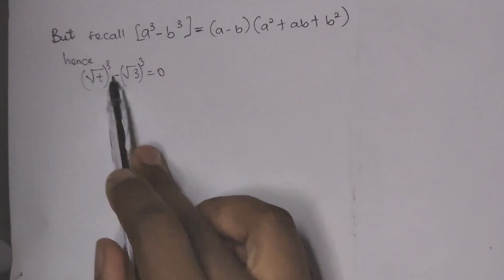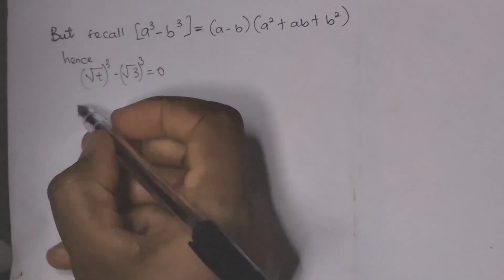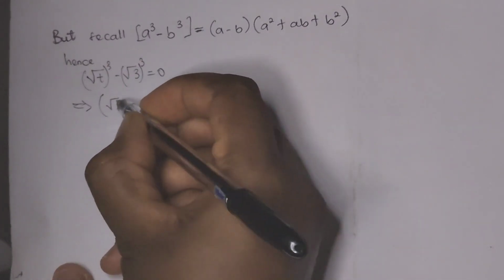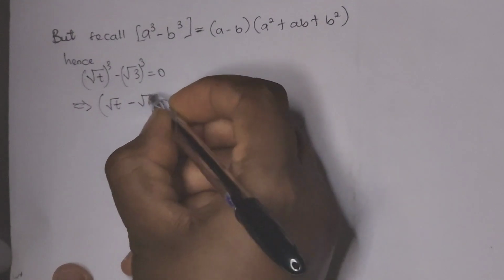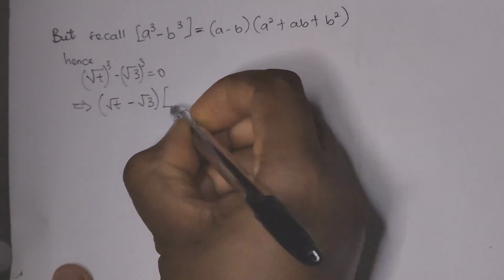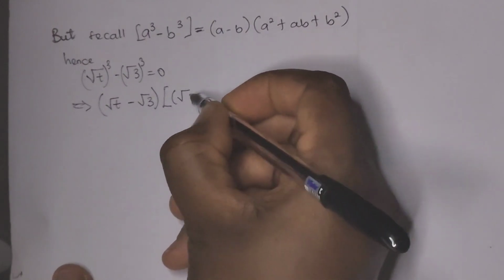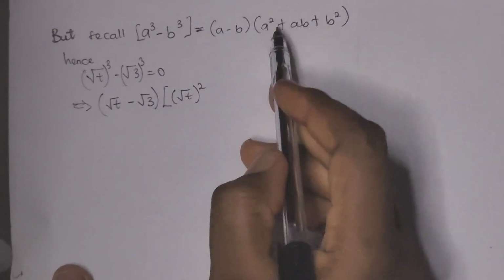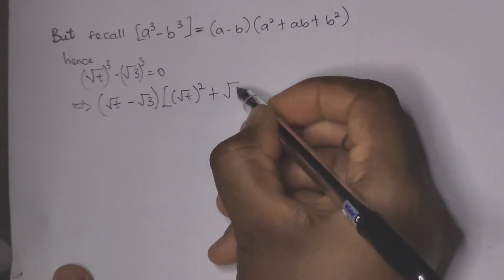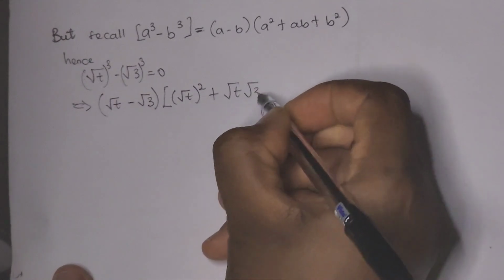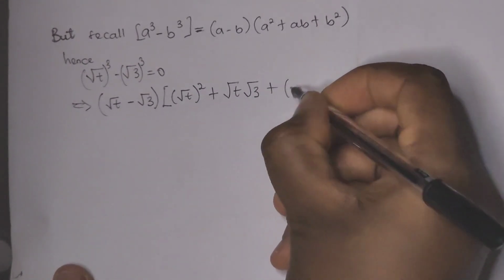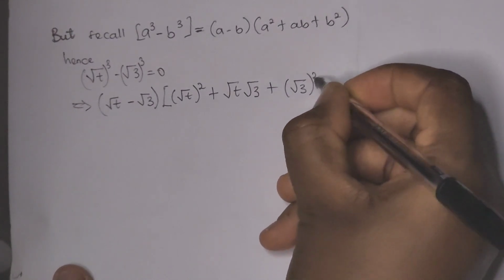So we are going to be making this equation look exactly of this form. This implies that the square root of t all squared, plus root t times square root of 3, plus square root of 3 all squared.